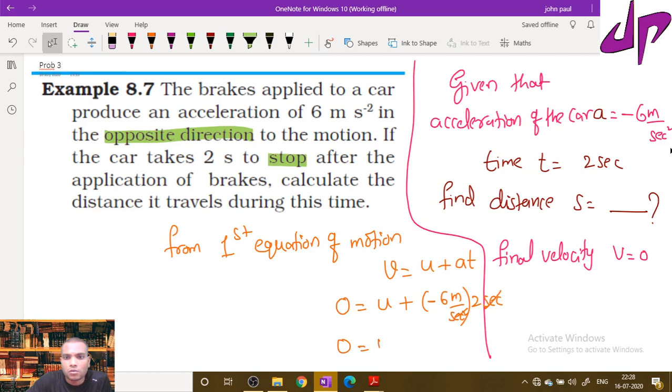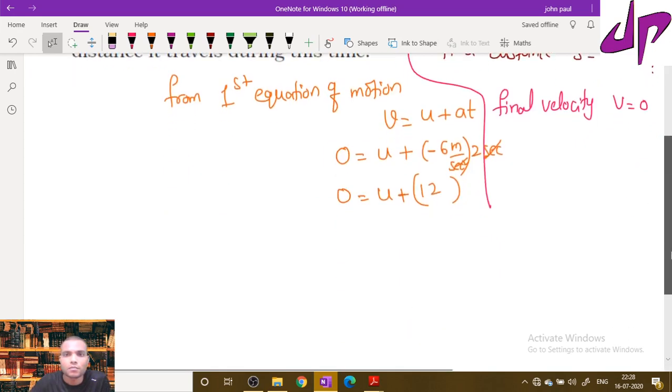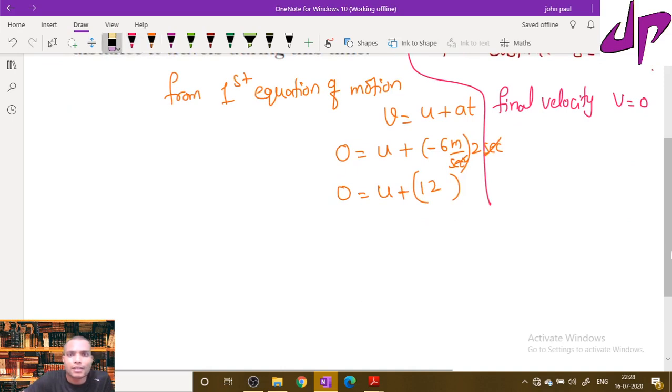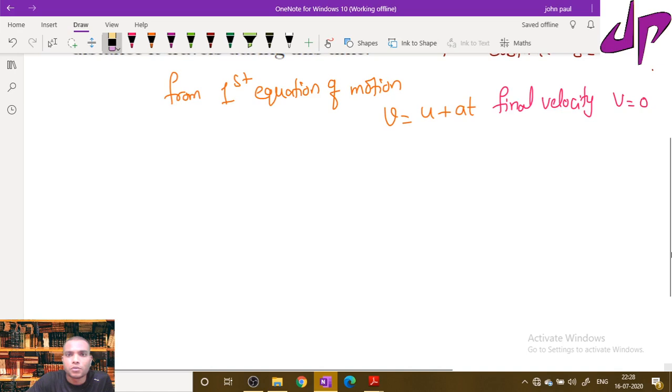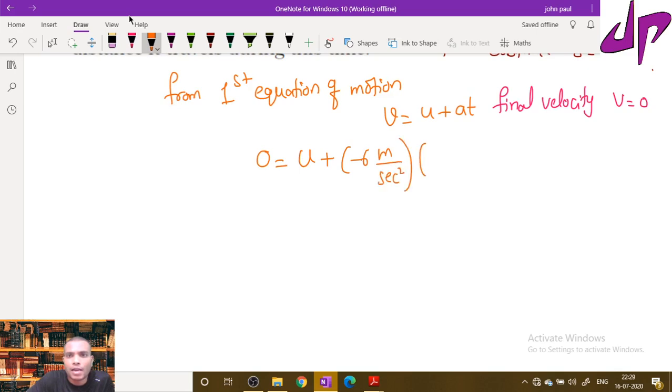0 equal to u plus, 6 2s are 12, here it is minus. So I can write that clearly again. We can substitute those values here. 0 equal to u, we need to find, plus acceleration value minus 6 meter per second square upon time 2 seconds.